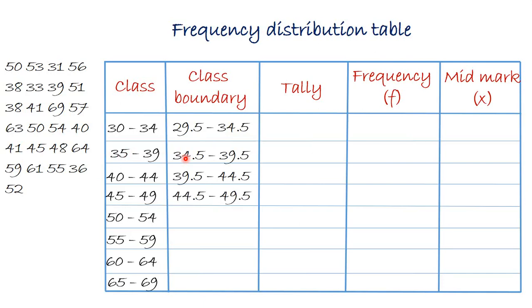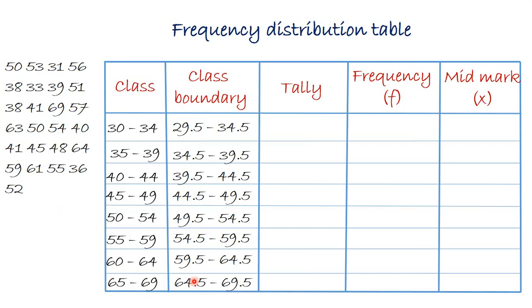The next is 44.5 to 49.5. The next will be 49.5 to 54.5. Then the next will be 54.5 to 59.5. Then the next will be 59.5 to 64.5. And then the next is 64.5 to 69.5, if we add 0.5 there.